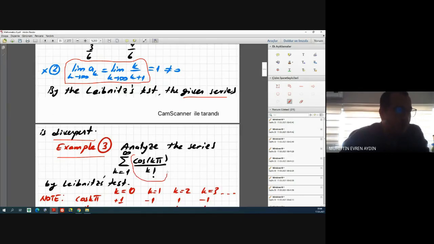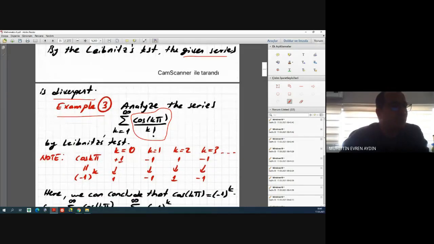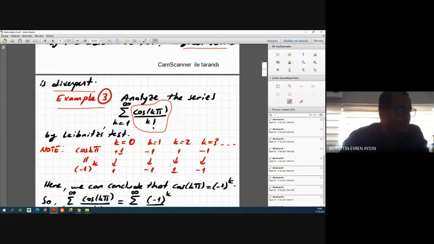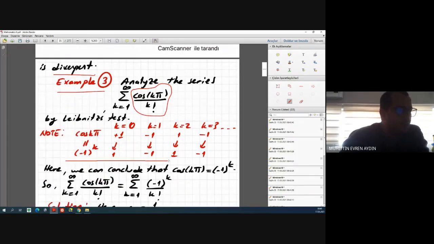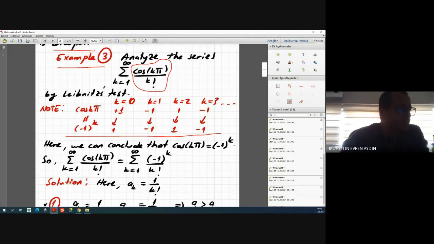This is also an alternating series because of the properties of the trigonometric function cosine. As you can see from this line, the signs of the terms change successively. So indeed we have an alternating series, and the positive part equals 1 over k factorial.